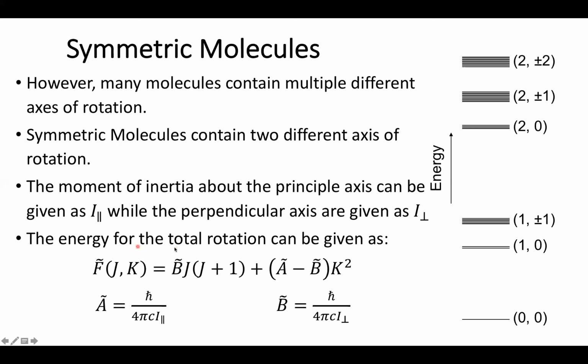We can also derive the energy level for the total rotation. So these total energy levels in wave numbers have a dependency on two different quantum numbers. J, which represents the overall angular momentum, and K, which represents how much of that angular momentum is along that principal or parallel axis. And so what we see is more or less our linear rotor equation for the energy out front, based on our C2 rotation.